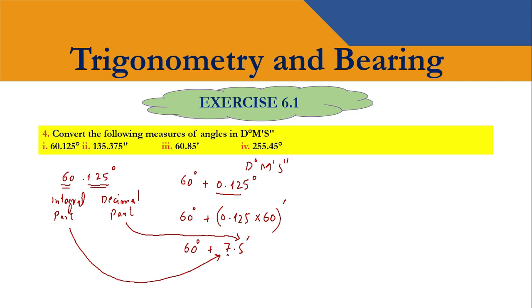We keep the integral part because it is complete 7 minutes and a half minute. This half minute is converted into the second further. So 60 degree 7 minutes plus 0.5 minute. This minute will be converted into the second. So 60 degree plus 7 minutes plus 0.5 multiplied with 60 will convert that half minute into the second.